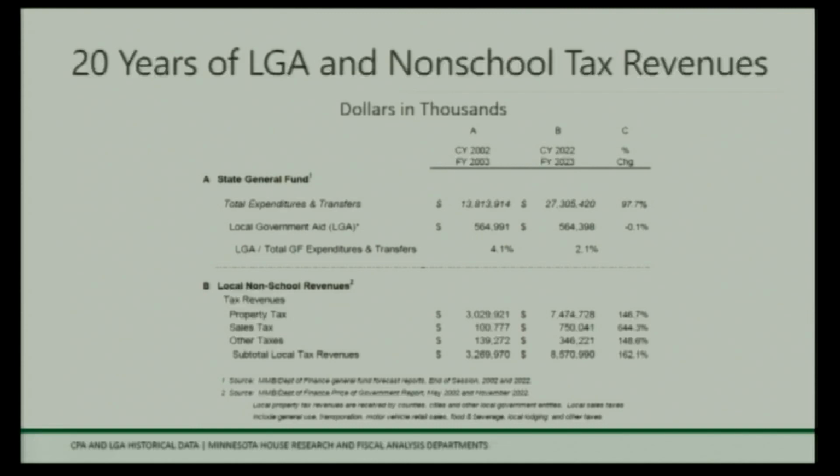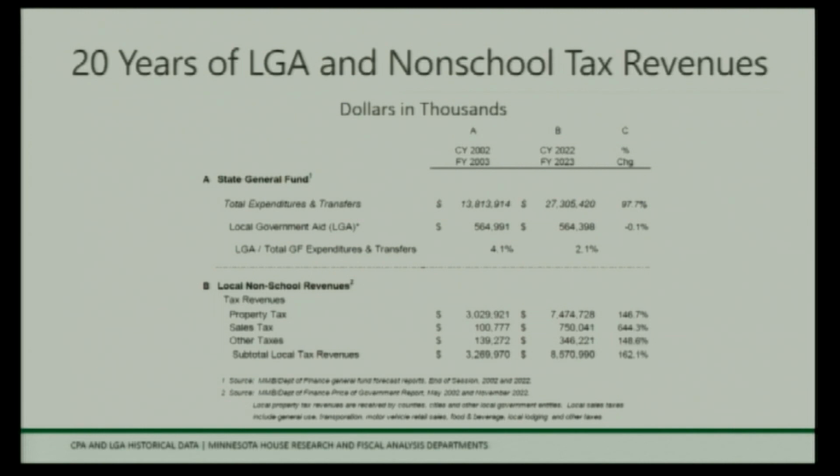Under Part A on this particular table, you'll see total expenditures of the state general fund from fiscal 2003, it's a snapshot, and then fiscal 2023, and you'll see that the state general fund grew from about $14 billion to about $27 billion, just under 100% growth, whereas the appropriation for local government aid remained pretty much steady if you only take those two snapshots.